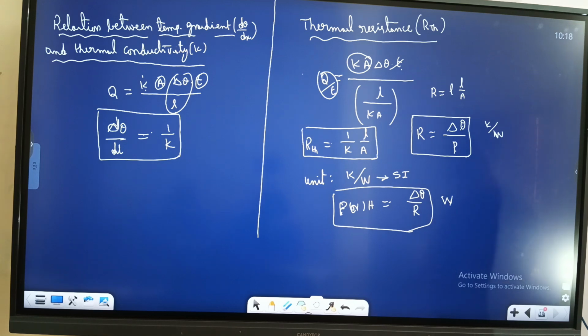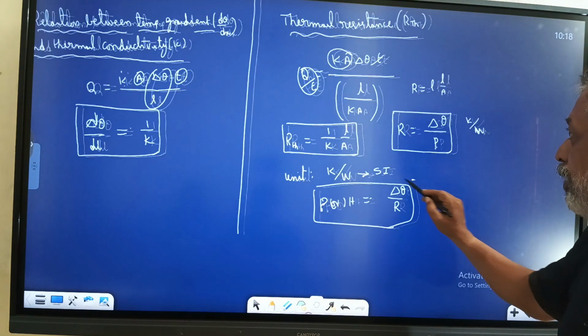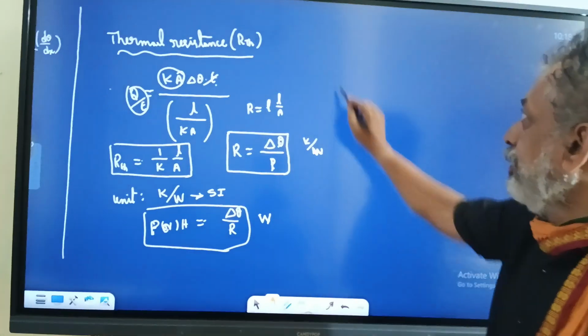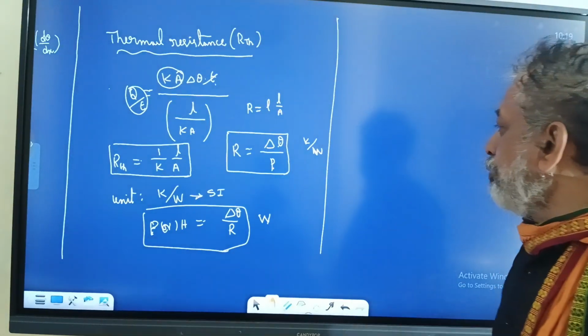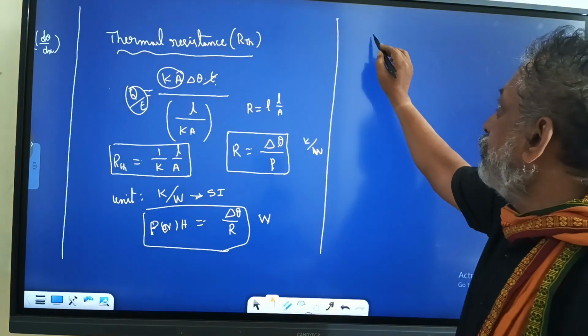Next concept: thermometric conductivity, or diffusivity. Most important, there is a chance this formula will be asked.